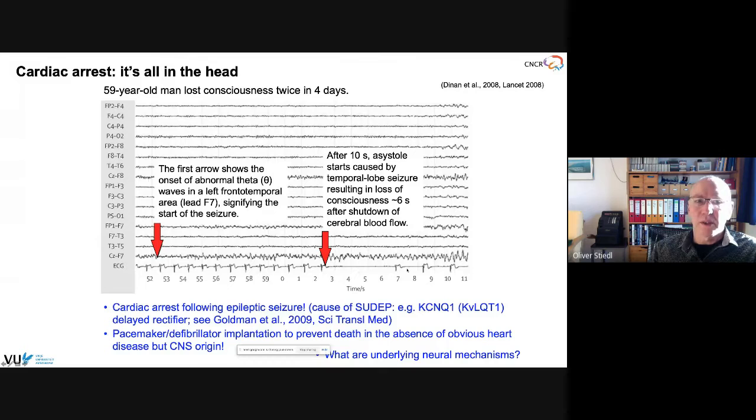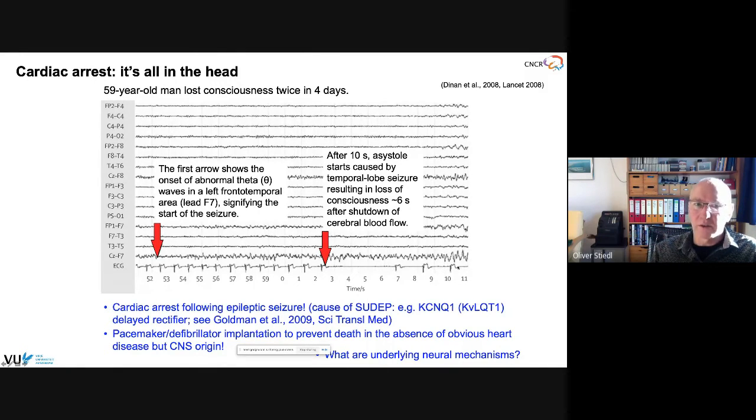And of course, we know that there are differences where cardiac arrest is linked to dysfunction of certain channels, such as the calcium or potassium delayed rectifiers. And that means that these patients then need pacemakers or defibrillators, because if you have these long gaps of hypoperfusion, does the system restart? Does it come back or not?